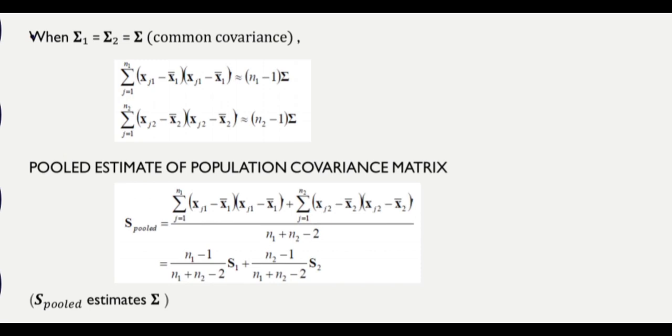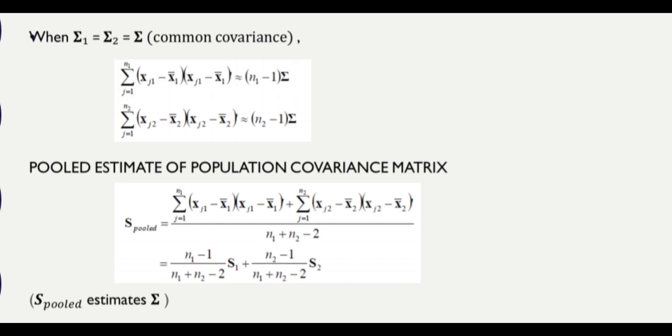This is the way we find the S-pool to estimate the big sigma. We estimate the big sigma using the S pool. From the theory that we know, we can produce this S pool.